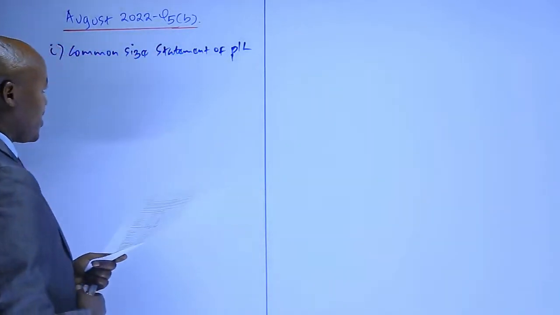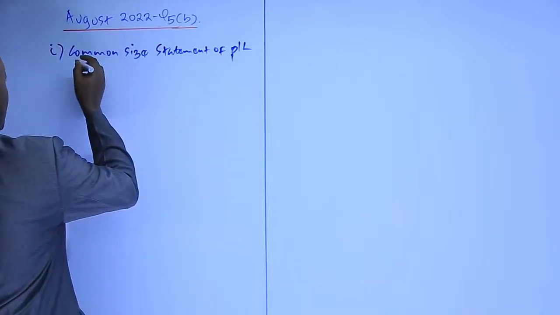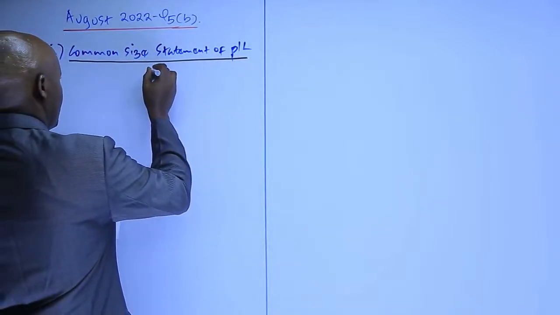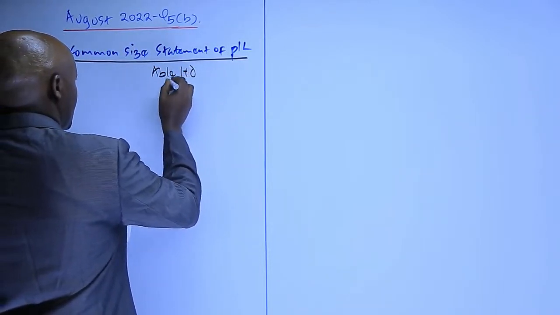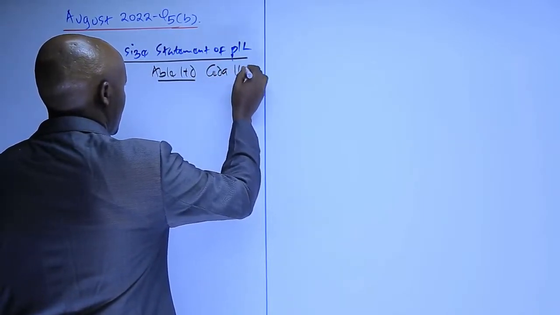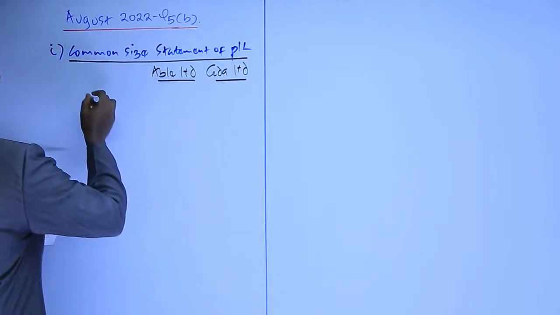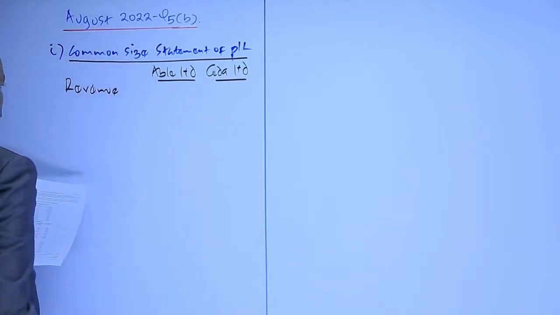And take into account we have two companies. We also need to have two columns here. The first column will be for the company which is called Able Limited, and the other one will be for the company which is called Cedar. So what we do, we express all those items in the income statement as a percentage of revenue.